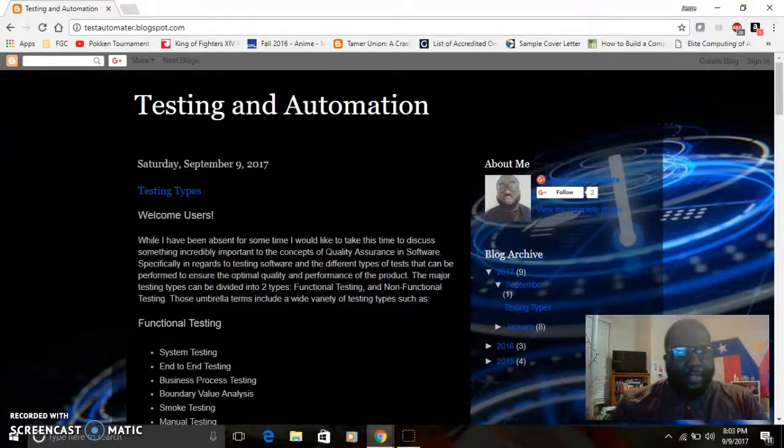So for this specific hypothetical forum, the minimum amount of characters for your username is 3, and the maximum is 12. So that is essentially that boundary value analysis. We ensure that the minimum is 3, the maximum is 12.